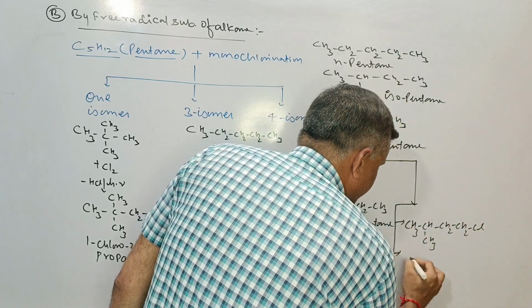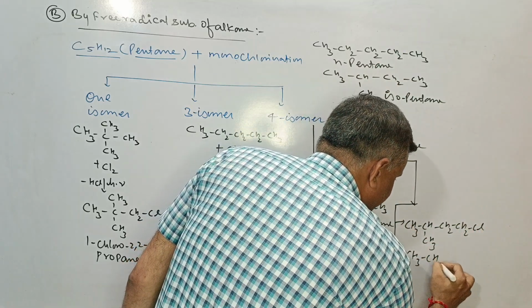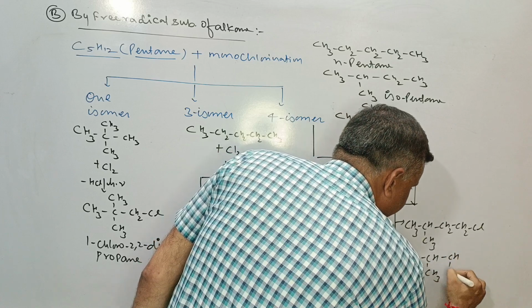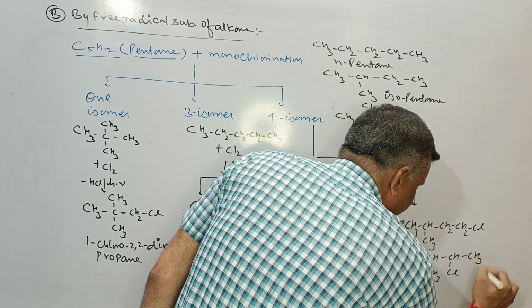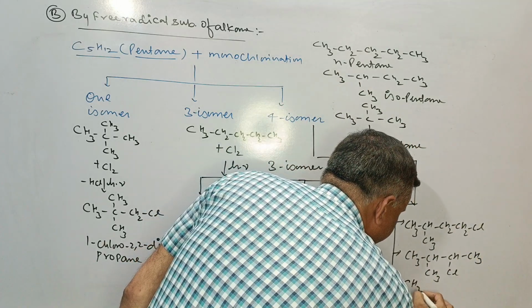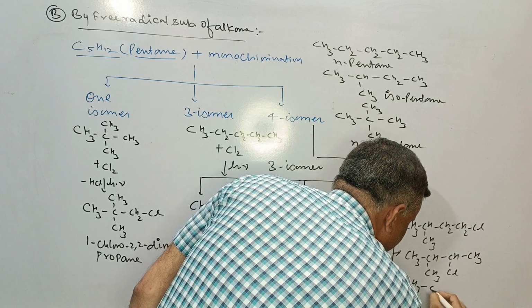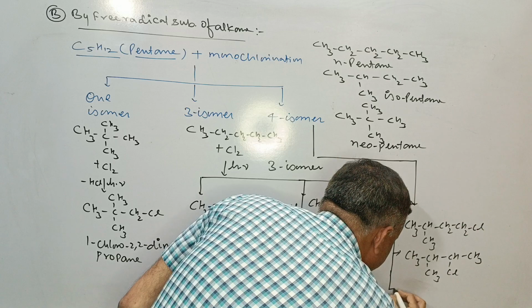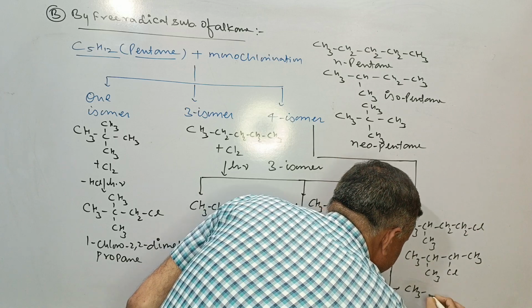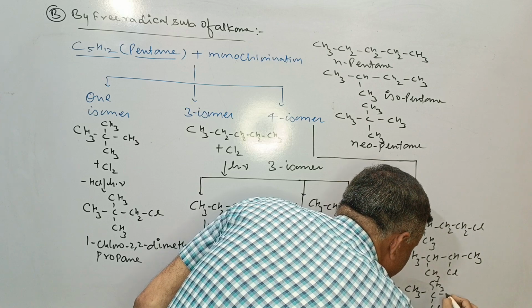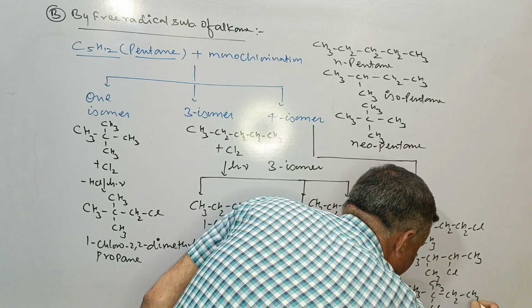The second isomer will be CH3CH, CH3, this is the CHCl and this is the CH3. The third isomer will be your CH3, CH3, this is the Cl, CH2 and CH3.